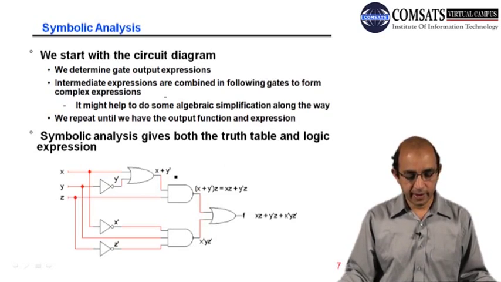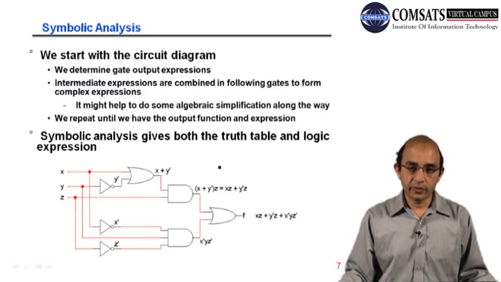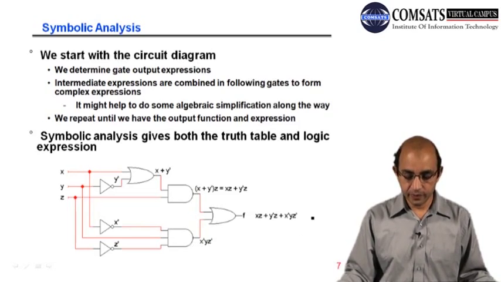Here we have y complement, x complement, z complement, and then we have x plus y complement. So then we will be having the final Boolean expression. So we can have the Boolean expression as well as we can also draw the truth table.